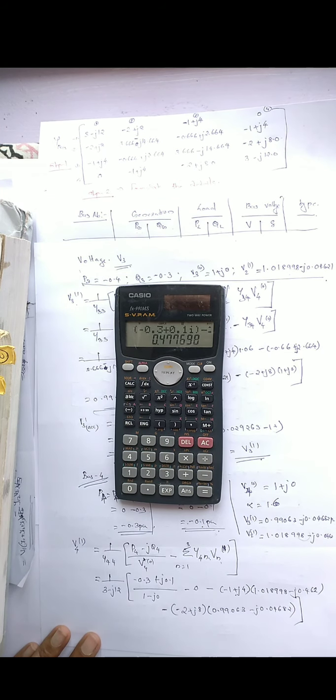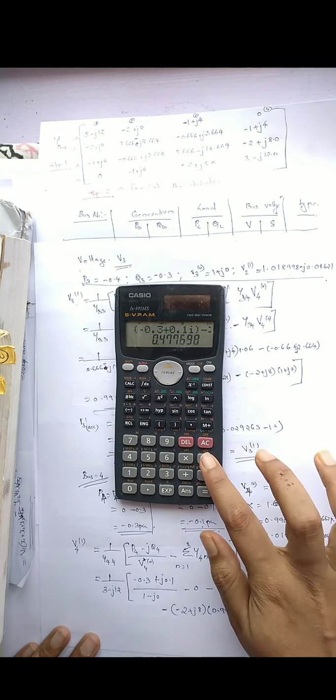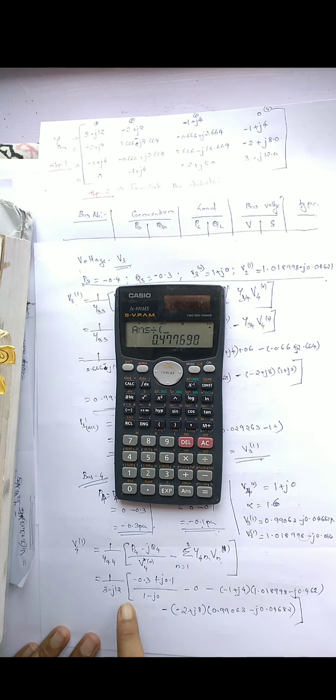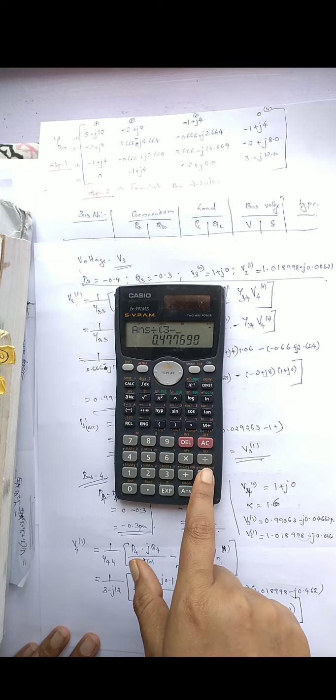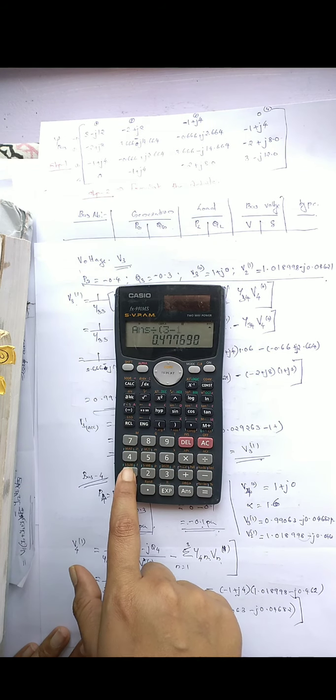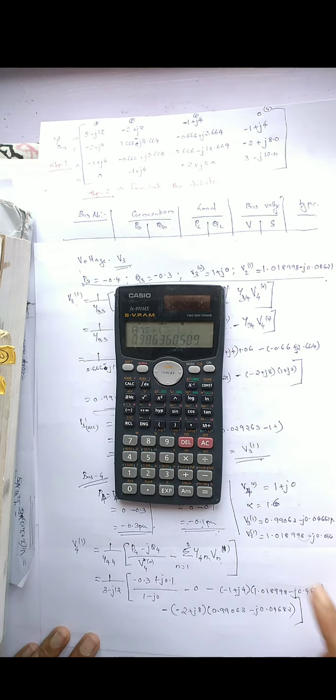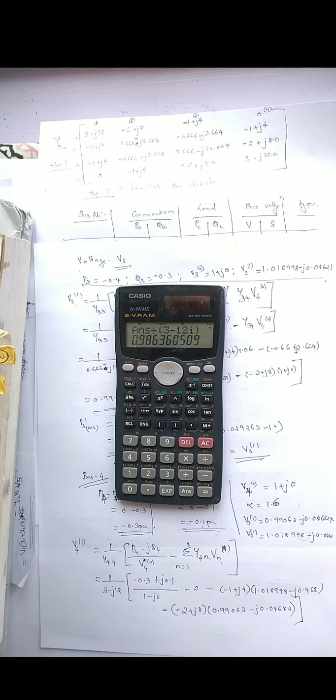Bracket, I'll get my answer. That answer divided by this 3 minus j12, 3 minus 12i. I got my value as 0.986. So this will be the value.